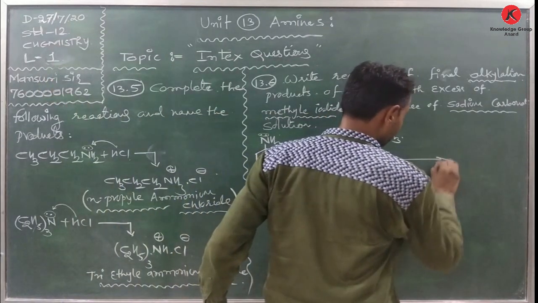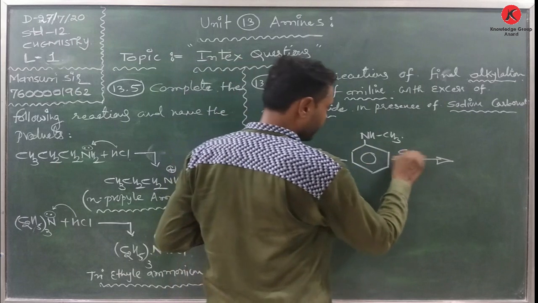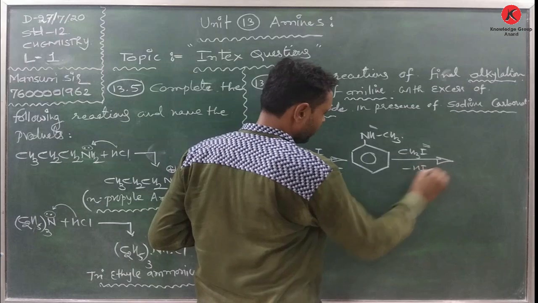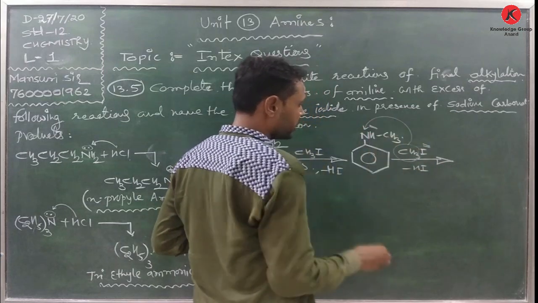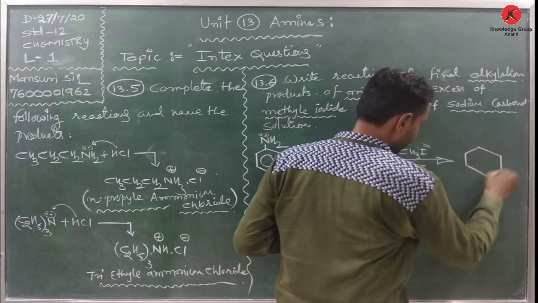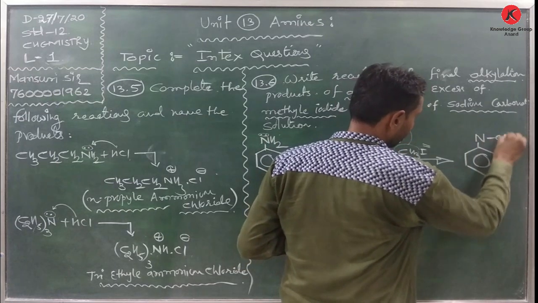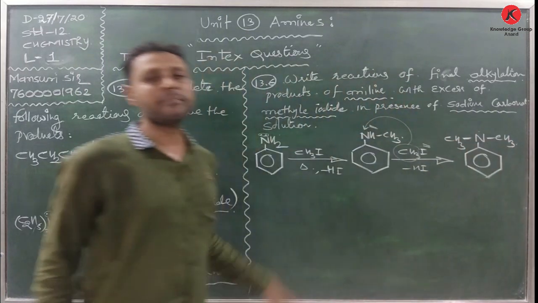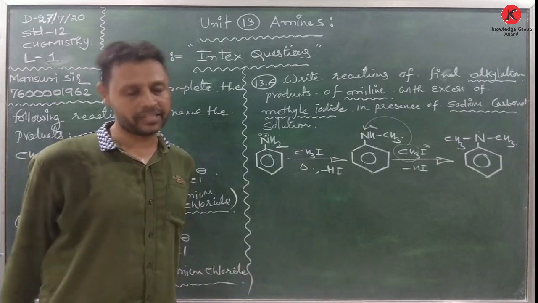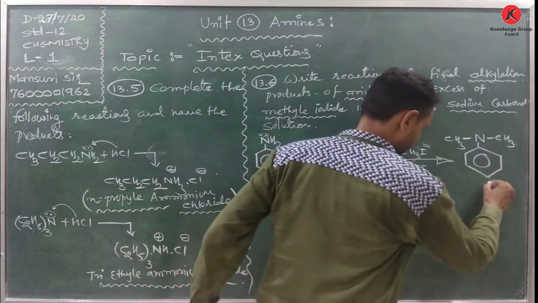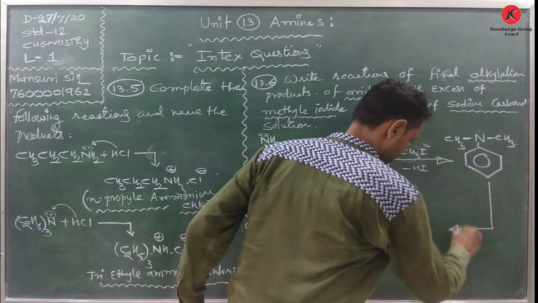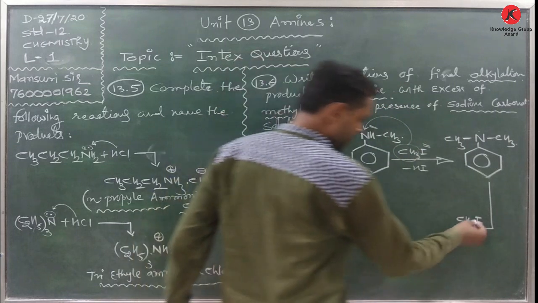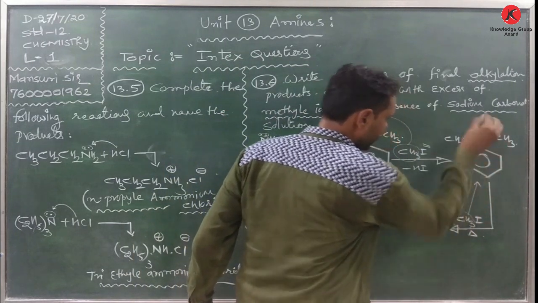Thereafter a second time, if excess methyl iodide is given, then what will form? This hydrogen and this iodine will be removed, so this methyl will go toward nitrogen. That is why N,N-dimethyl aniline is formed. Thereafter, by using excess methyl iodide, methyl will again go toward the nitrogen.